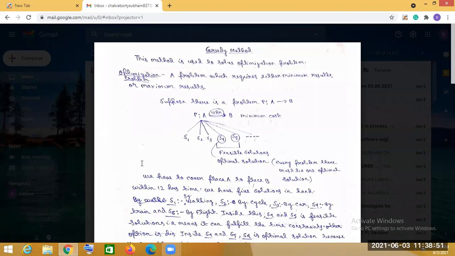If we travel by train, then we can take this, and if we travel by flight, then we can also reach our destination within the 12 hours.